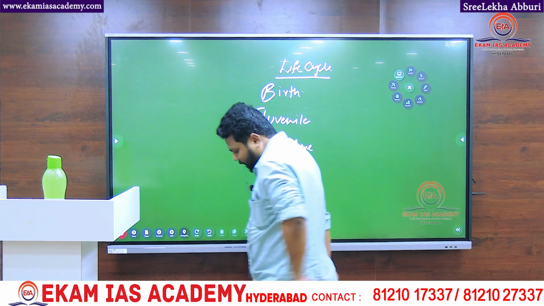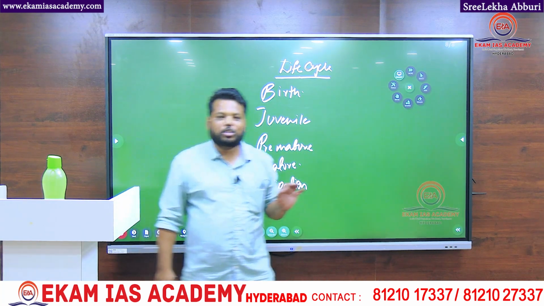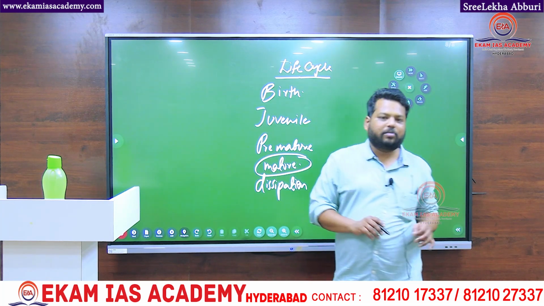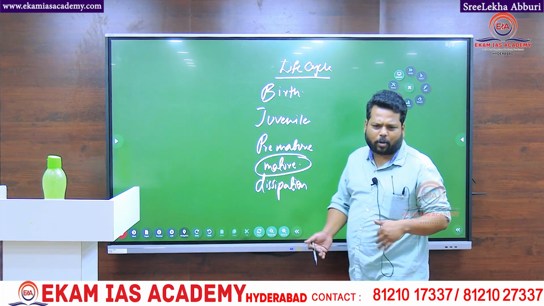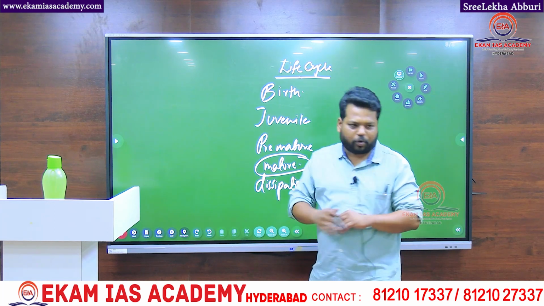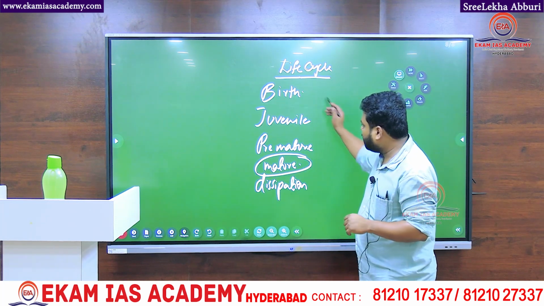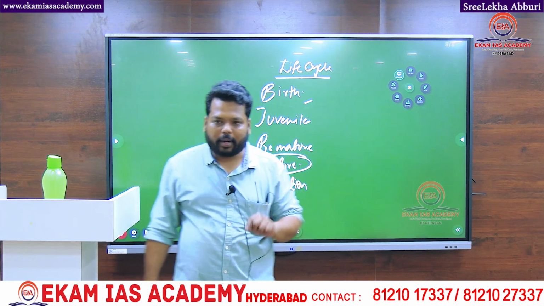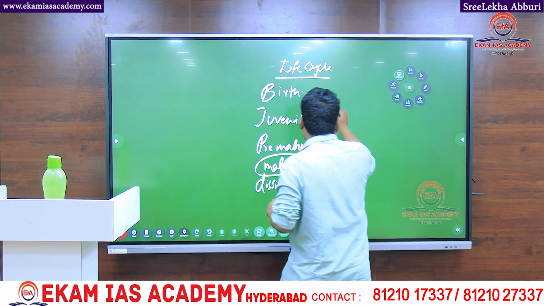So within these 5 stages, the most interesting and important stage is the maturity phase, which you have to remember. But I will say all the stages. You remember just the mature phase. Okay. So generally, the birth of the cyclone will take place when low pressure converts into depression.